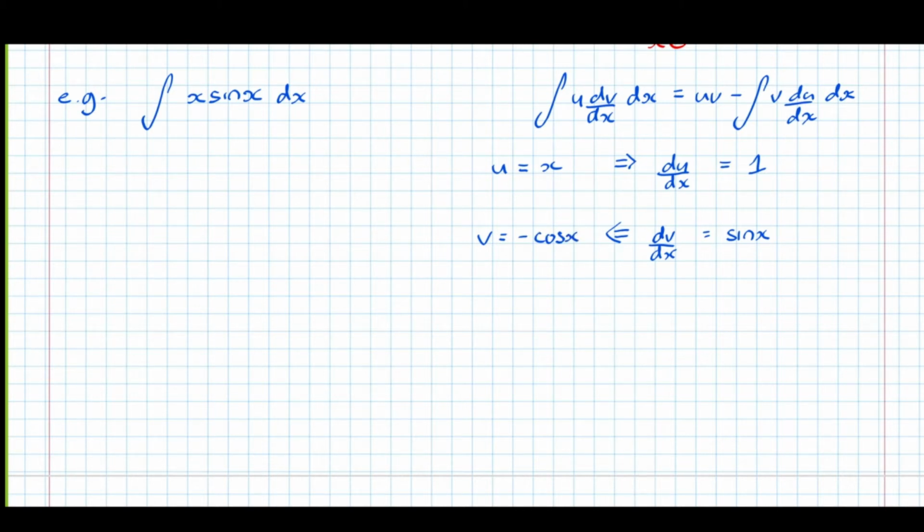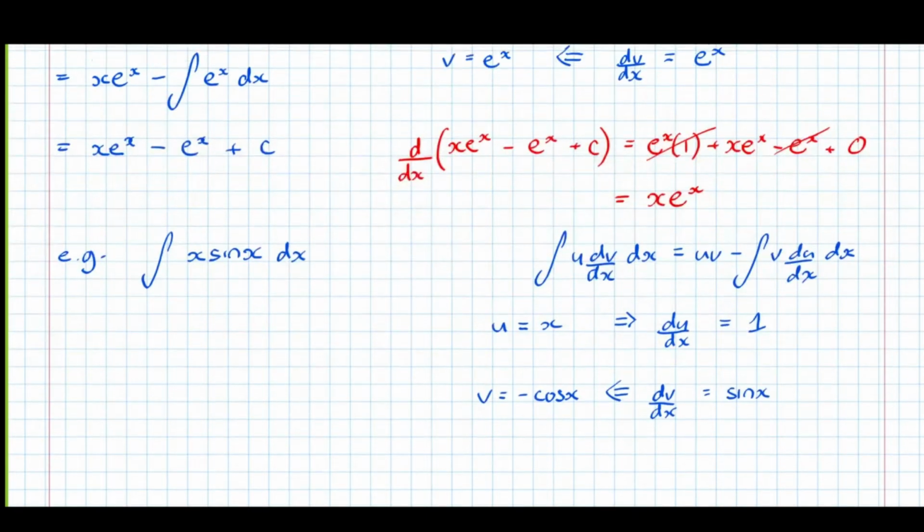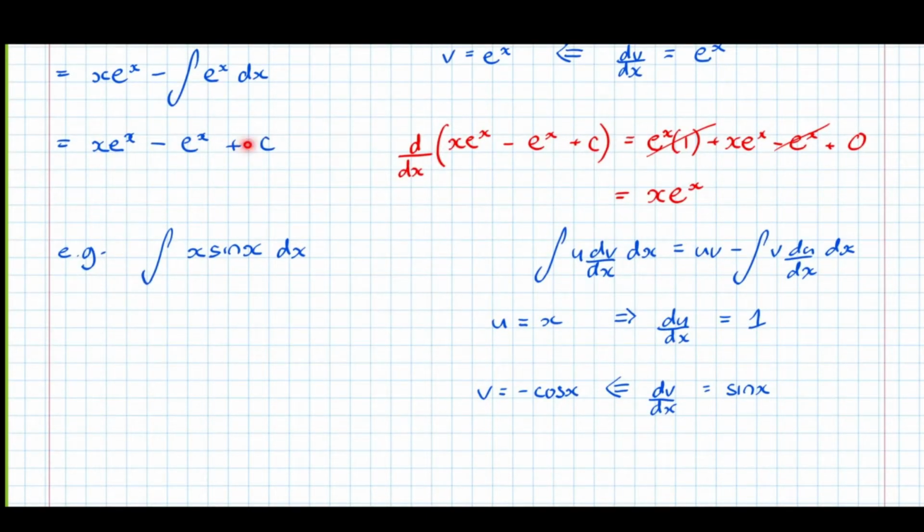And just a small note, you might think to yourself, well, I'm integrating that, so why isn't there a plus c there? We do get a plus c. We just deal with it right at the end. We're putting off dealing with a plus c right until the last step.